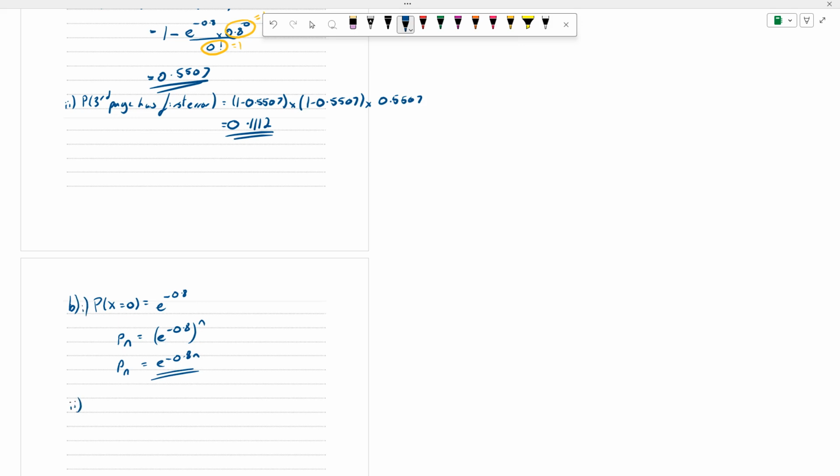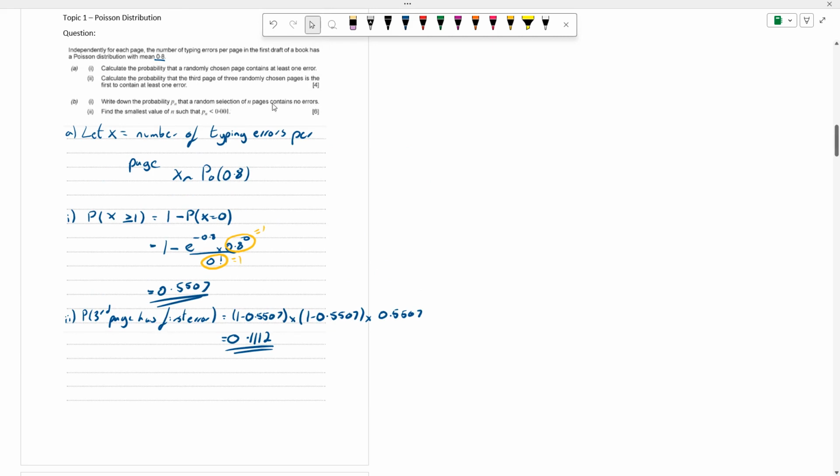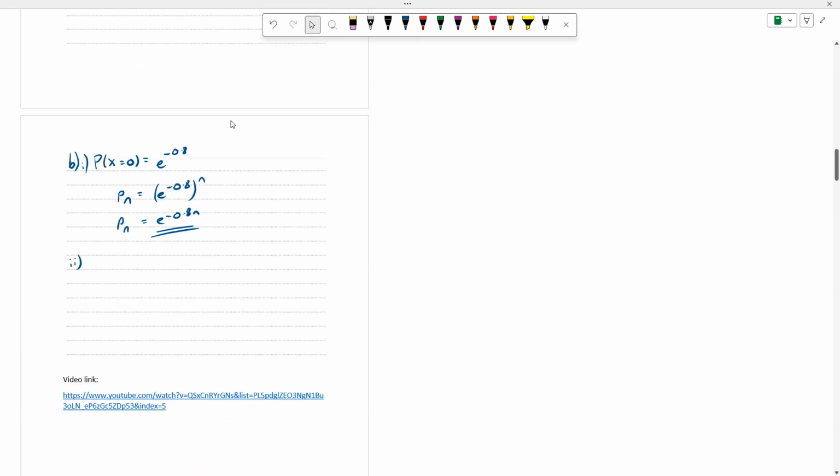Now part 2 wants me to find the smallest value for n such that Pn is less than 0.001. Okay, so I'm going to say that this is less than 0.001. I need to solve that. Now, this does include some of your pure working bits. You need to do the opposite to your e by here, which would be your log.